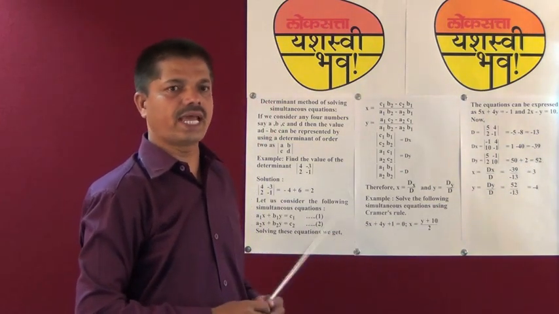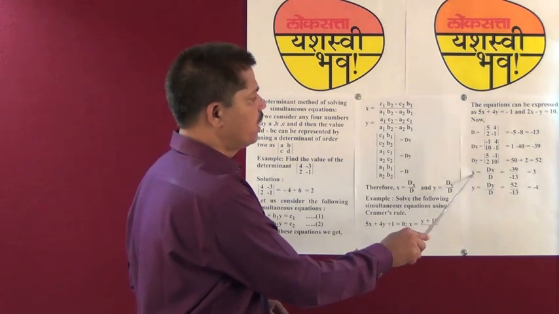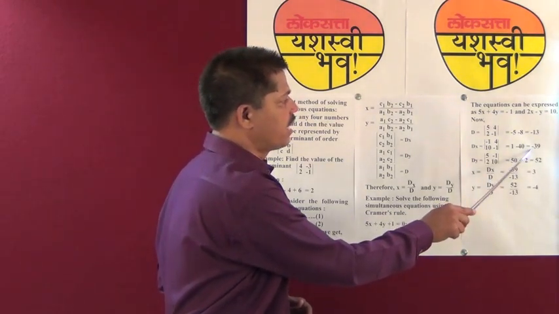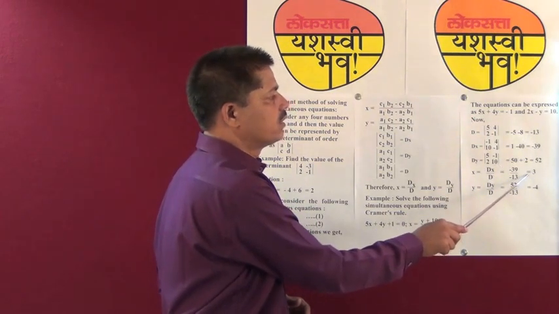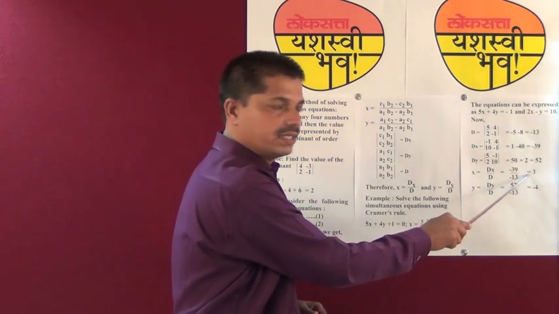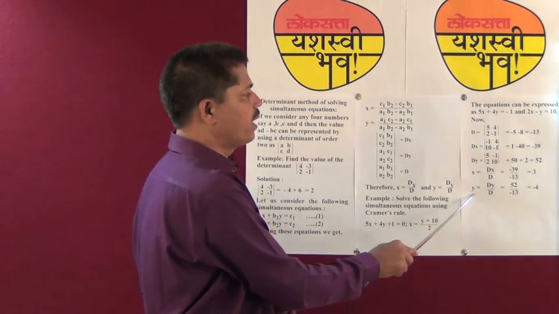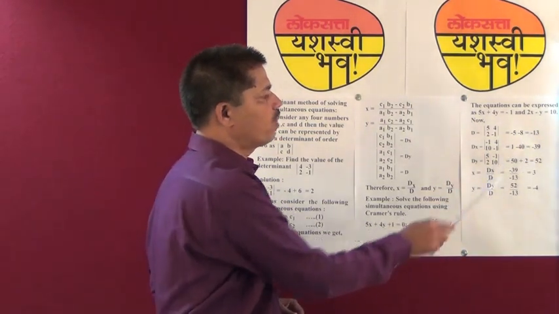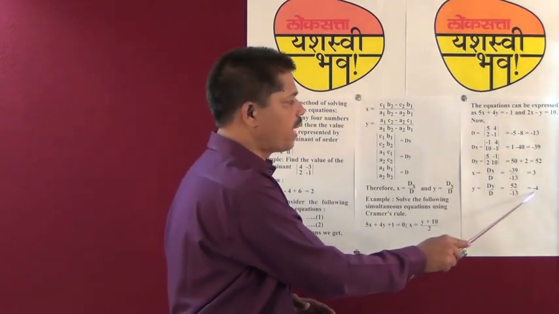Therefore, by using Cramer's rule, we know x is equal to Dx upon D, that is equal to minus 39 upon minus 13. The value of x comes out to be 3, whereas the value of y is equal to Dy upon D, that is equal to 52 upon minus 13, which comes out to be minus 4.